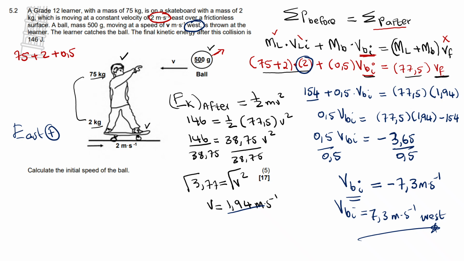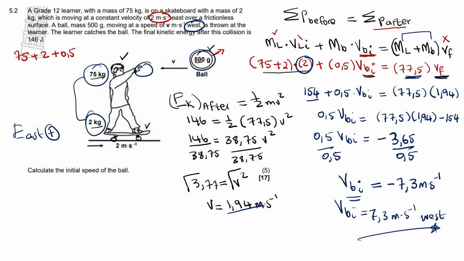I just hope we used the best approach, because I tried by all means for you guys to understand where the 77.5 is coming from. After the collision, this guy will hold the ball, so we need to add this mass and that mass and that mass, because they will all move together.